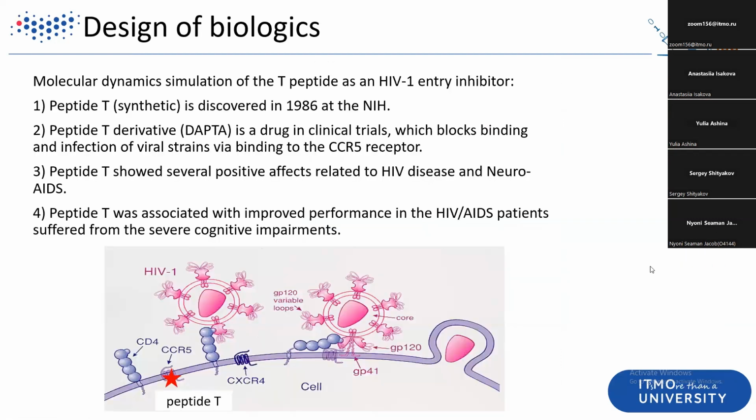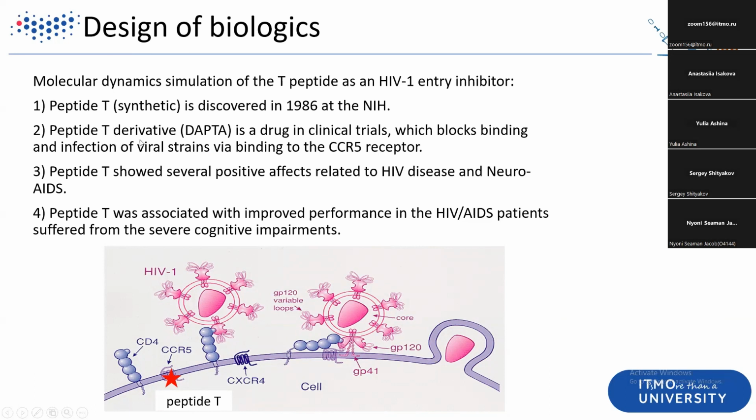So what kind of projects do we have, and what are the methods we are using, such as molecular dynamics or molecular docking. I just want to point out one of the projects where we were trying to design different biologics using molecular dynamics simulations. These biologics are peptides. It's called T-peptide, an HIV inhibitor, and this T-peptide was discovered in 1986 at the NIH, and it is a synthetic peptide.